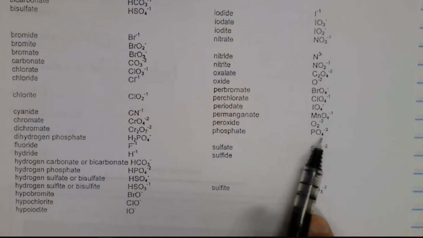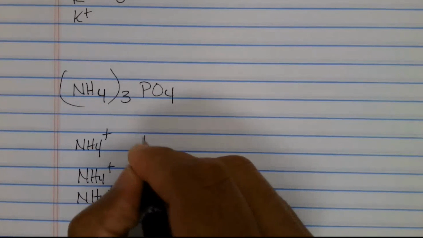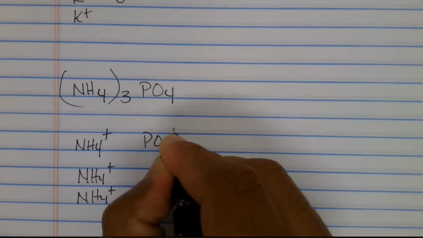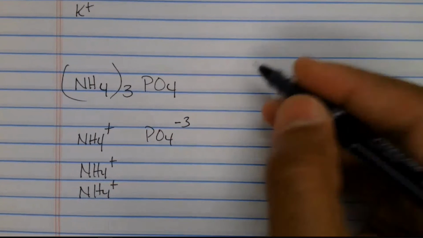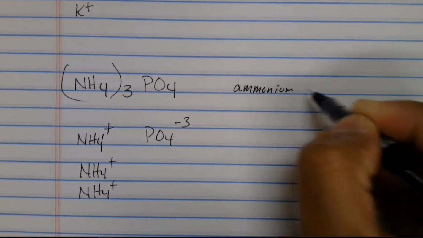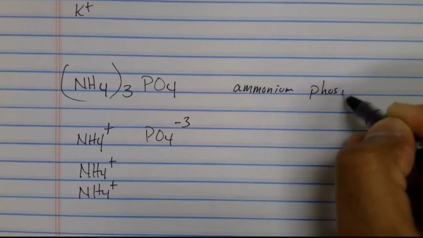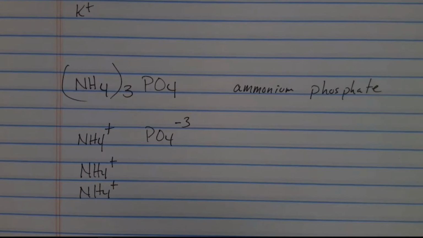And the whole polyatomic has a net charge of -3. So PO4 -3. So the name for this, ammonium phosphate. And that's it.